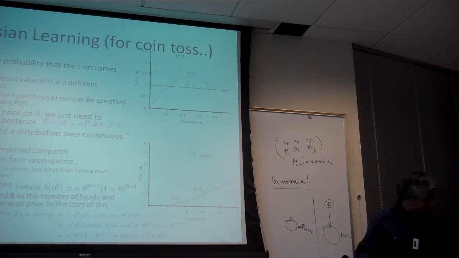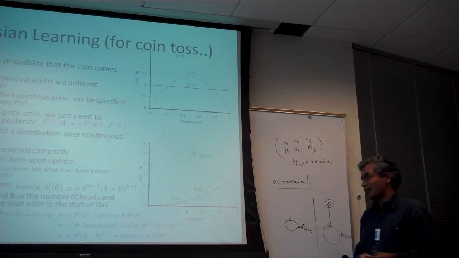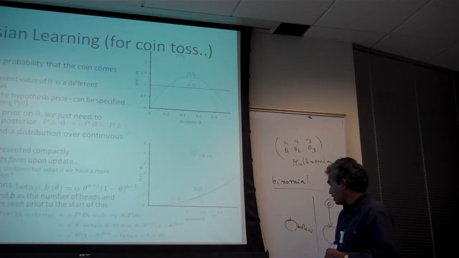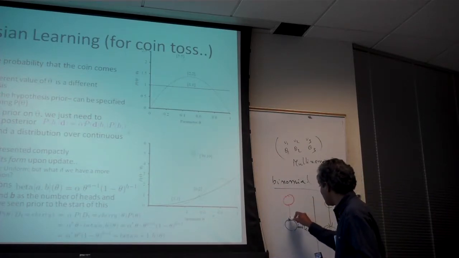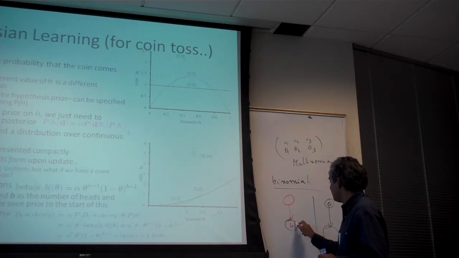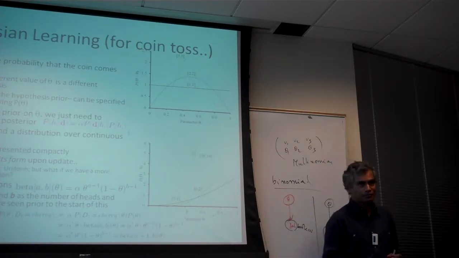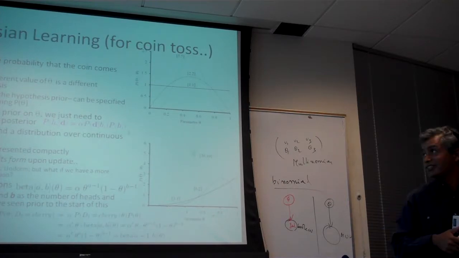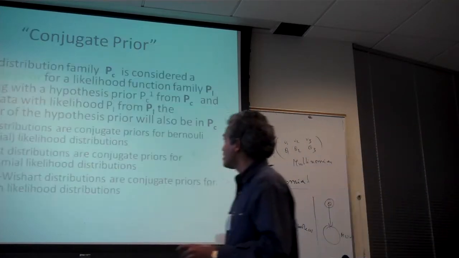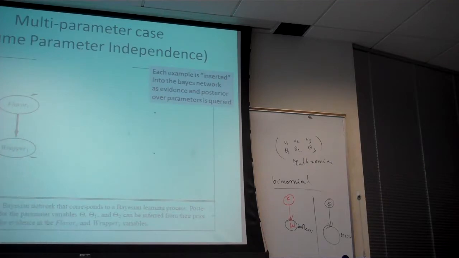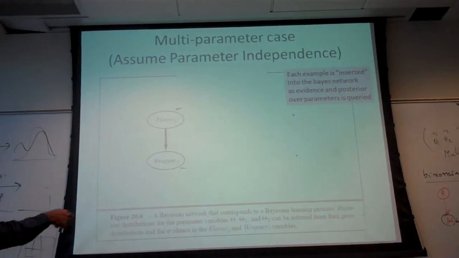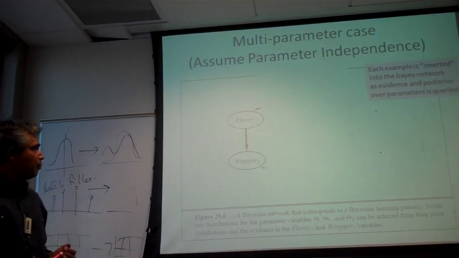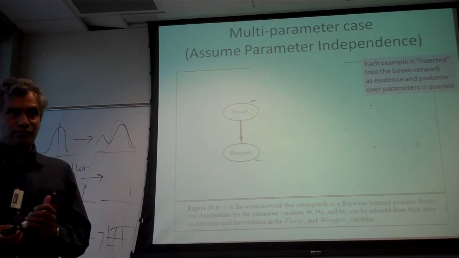Now what I'm saying is that theta itself is a variable in your network, and so the Bayes network you actually looked at has the data here and the theta here. I know that was kind of snuck in and you did not notice it. It becomes more obvious when we see the general Bayes network scenario, for example a case where you have both the wrapper and the flavor.